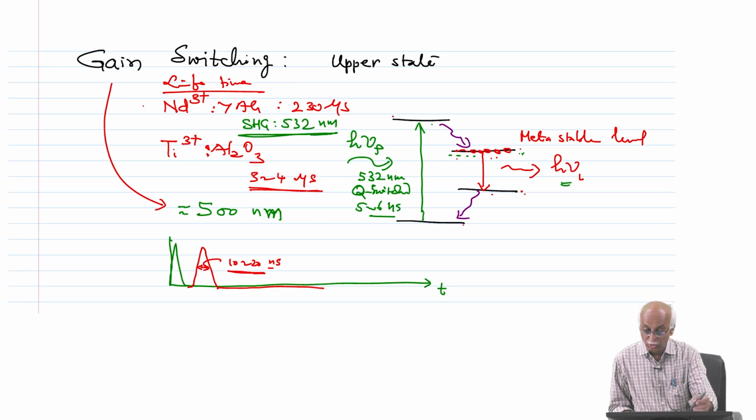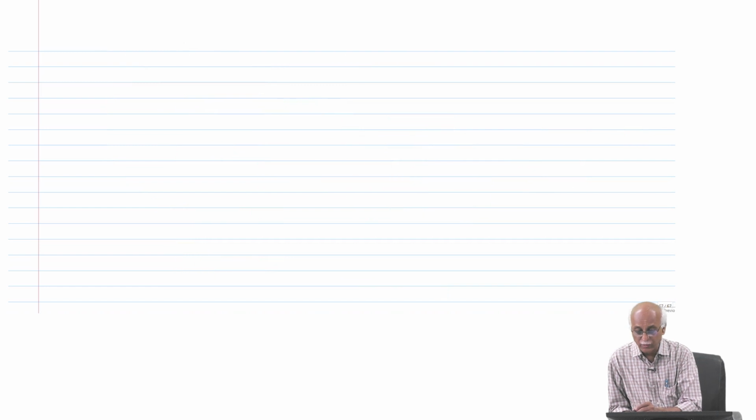First you use the pump pulse to populate the upper laser level to a very high population density, and then there is no other pump pulse coming into the picture, only the lasing action takes place. Within a very short time you are pumping, and that is why its gain is switched to this output.